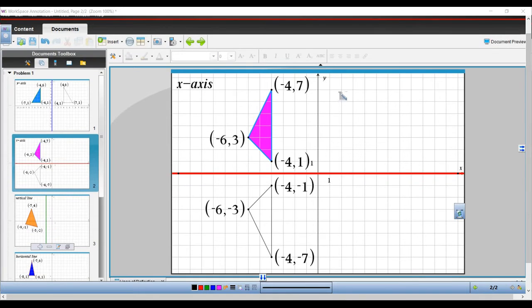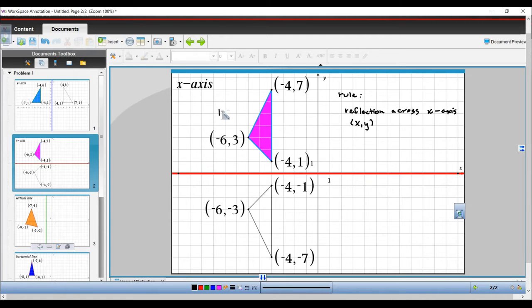So our rule, this is going to be our rule for a reflection. What is this reflection? This is a reflection across the x-axis.